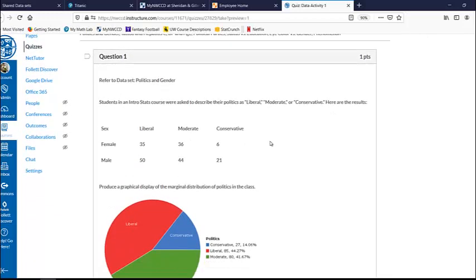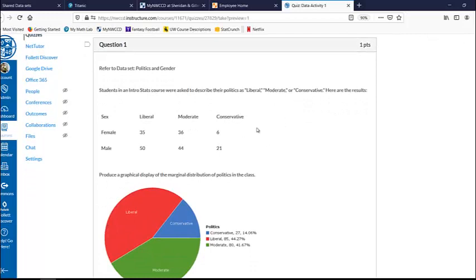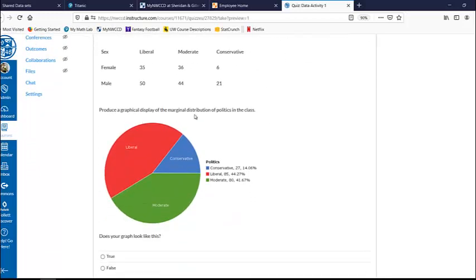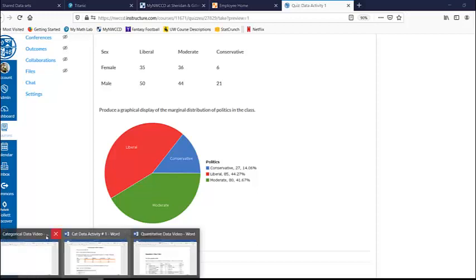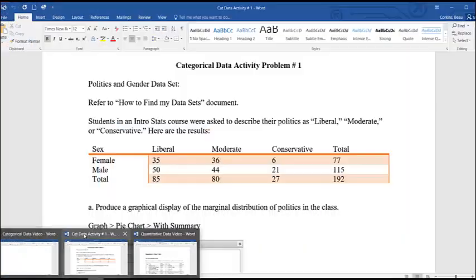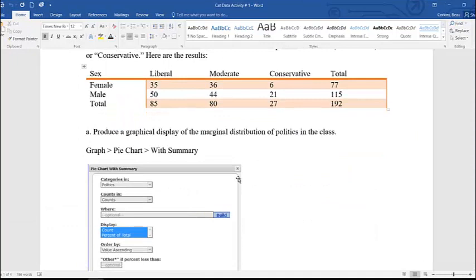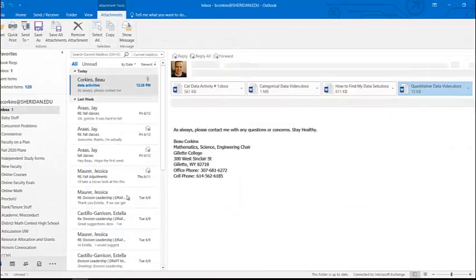So the politics and gender data set, I've given you the table of information here, and then I want to produce a graphical display of the marginal distribution of politics of the class. So once again, pie chart with summary.